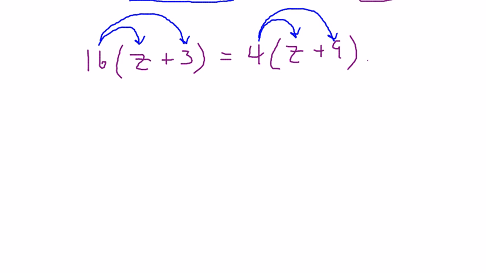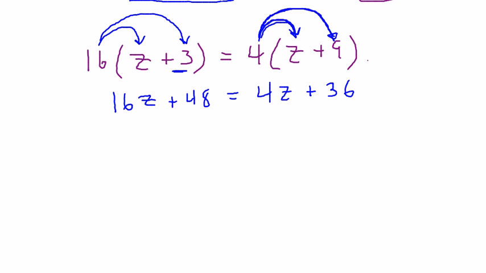On the left-hand side, 16 times z gives us 16z. 16 times positive 3 gives us a positive 48. And this equals 4 times z, which is 4z, and 4 times positive 9 is positive 36. We now have an equation with variables on opposite sides of the equal sign.